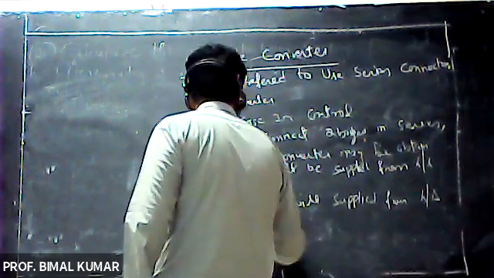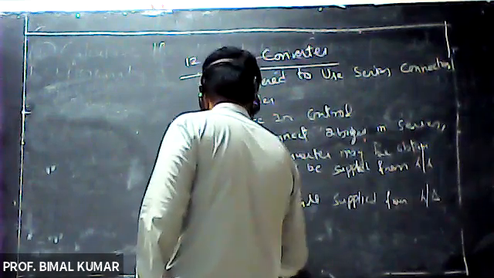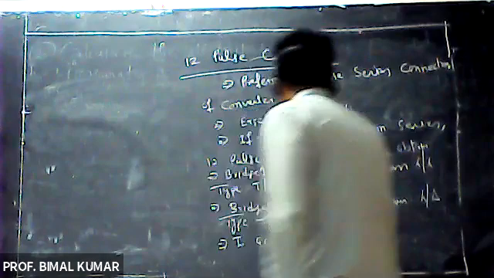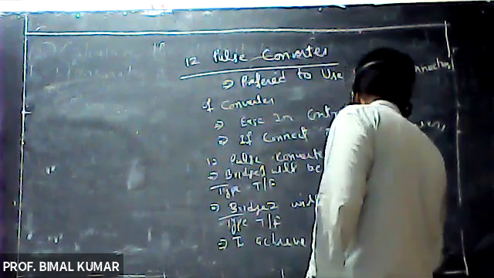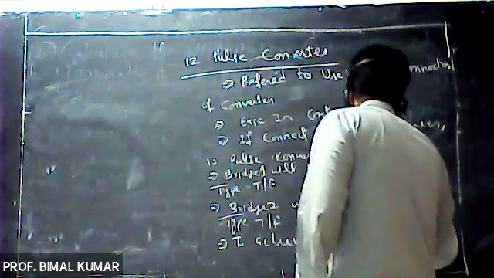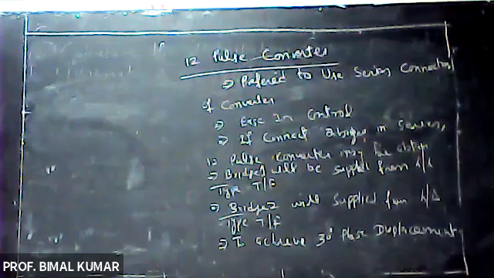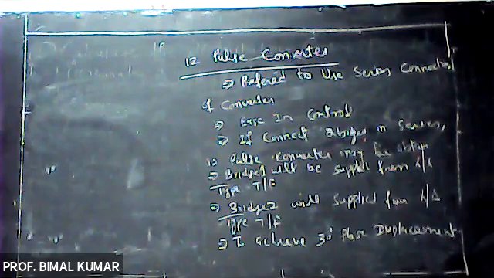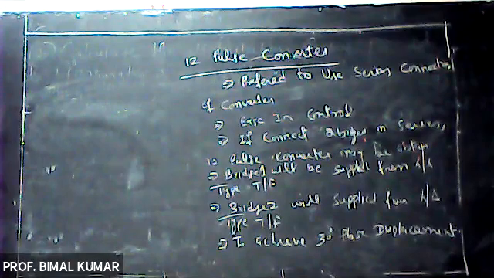This is why, to achieve 30-degree phase displacement, right? In case of the 6 pulse converter, phase displacement between the two phases is 60 degree, right?